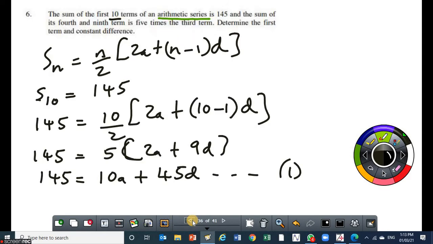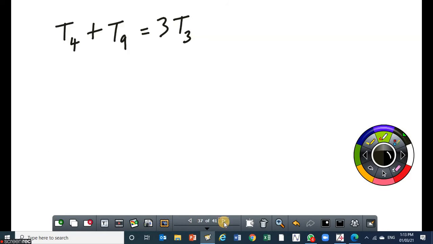Okay, so it's 5 times, that's a 5. So that will be 5 times T3. Then the T4, the T9, and the T3, we need to write them in terms of a and d.